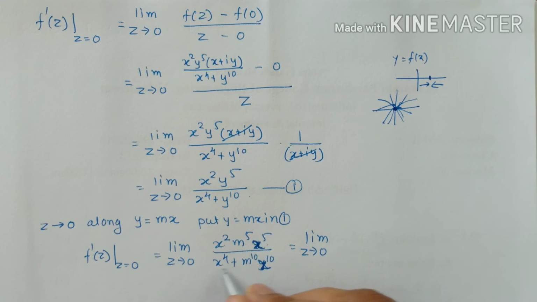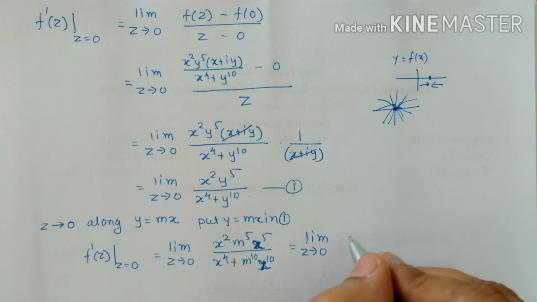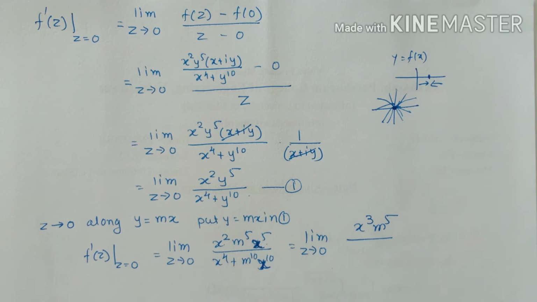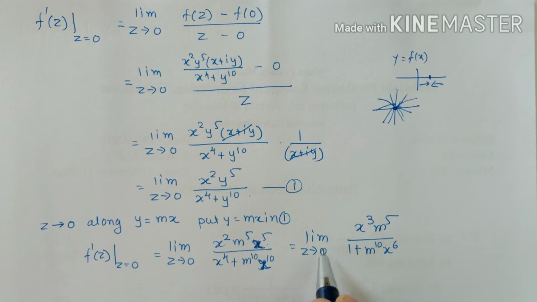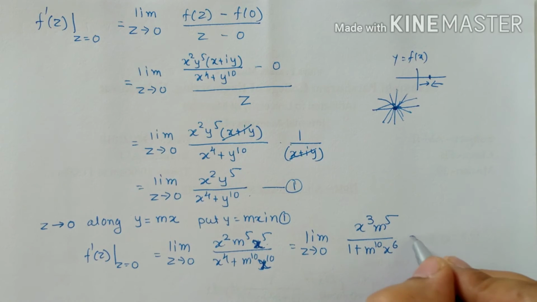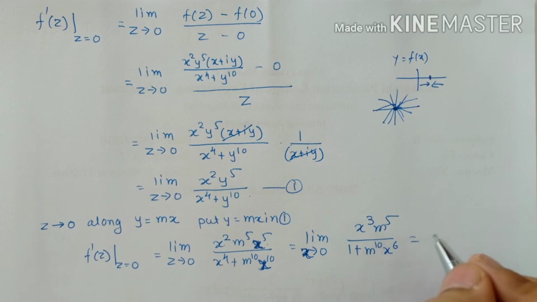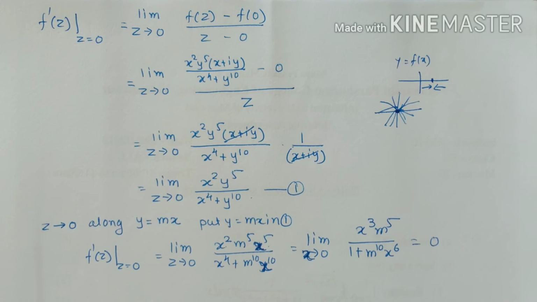Taking x raised to 4 common from the denominator, we get x cube m raised to 5 divided by 1 plus m raised to 10 x raised to 6. The x raised to 4 common from the numerator gets cancelled, and this is the remaining term. Now as the entire expression is in terms of x, instead of z I write x tends to 0. So when x tends to 0, the value of this is 0.